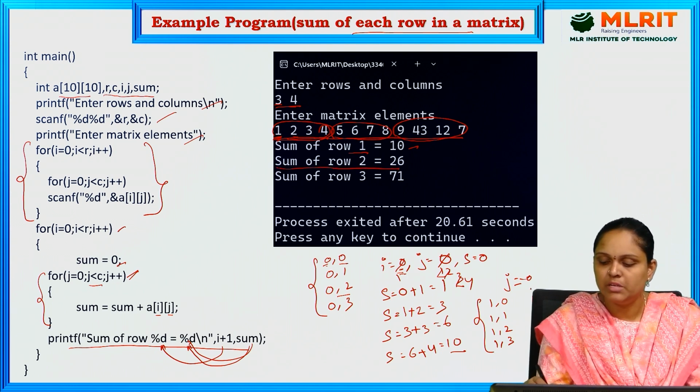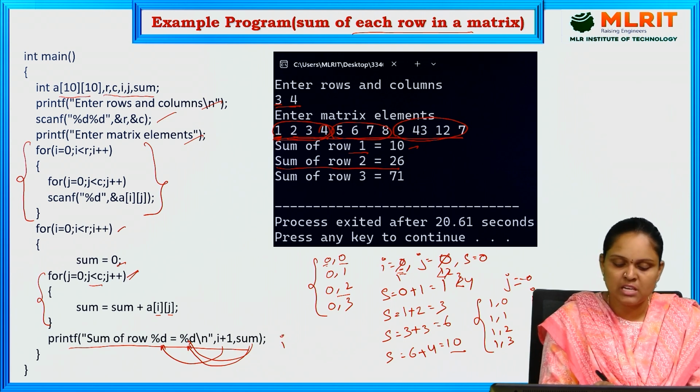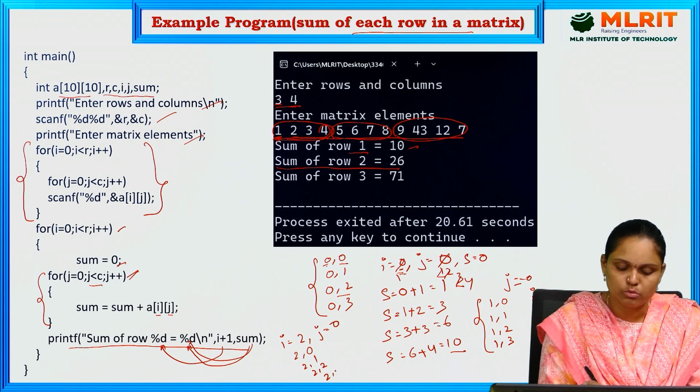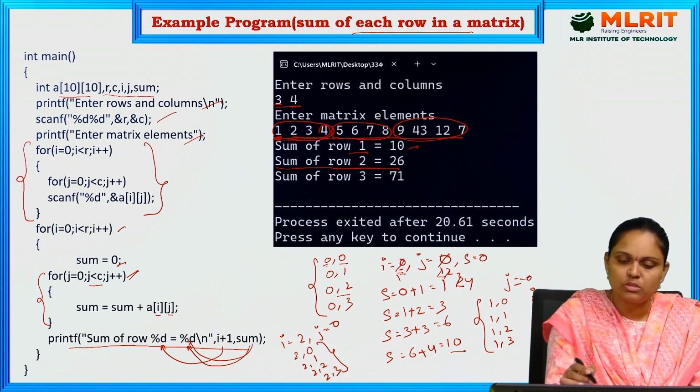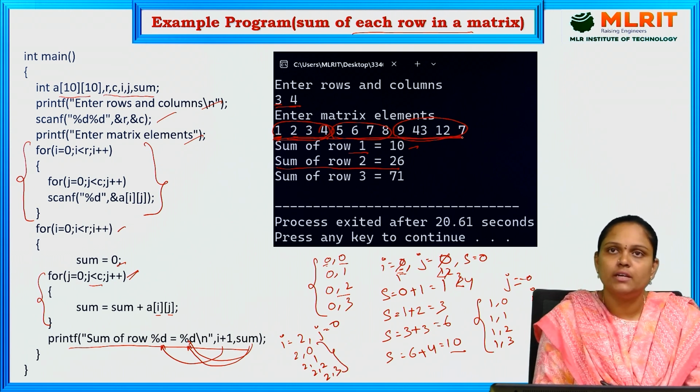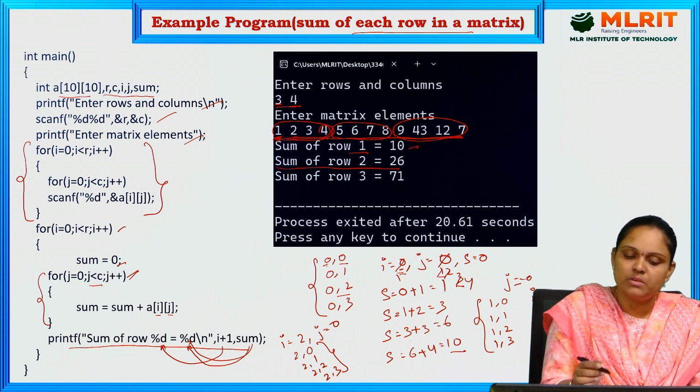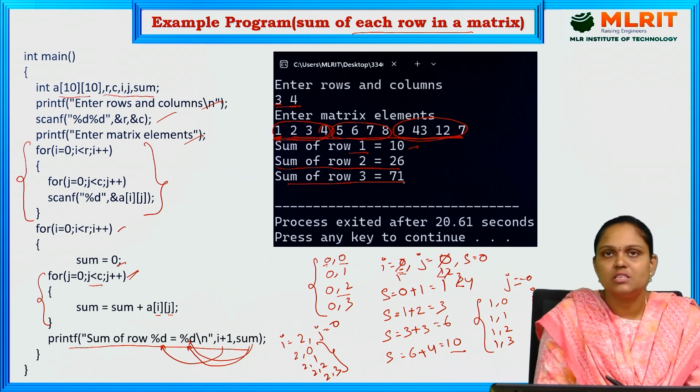Next i will be 2 and j will be 0. Now the values present at the indexes 2,0, 2,1, 2,2, 2,3 are 9, 43, 12 and 7. We add those elements and get the sum as 71.